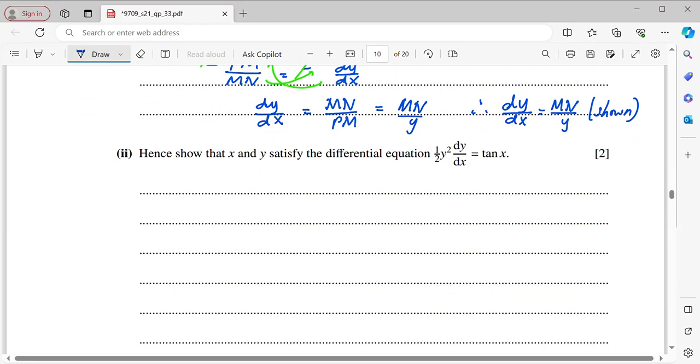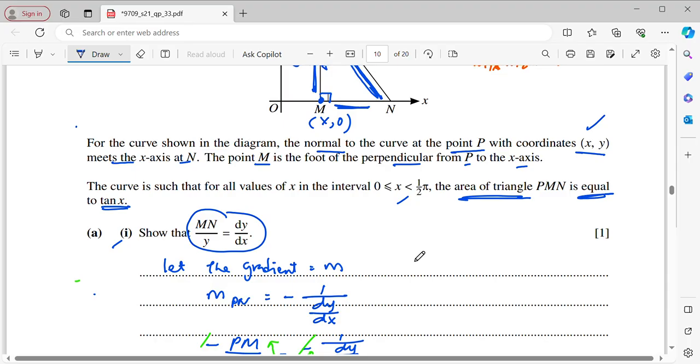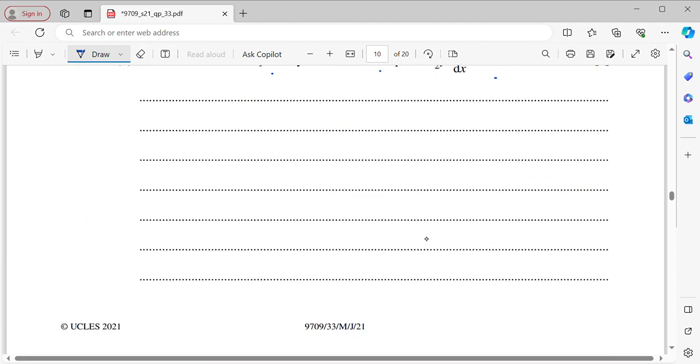Now hence show that x and y satisfy the differential equation. So this one can be solved using the hints. Area of triangle PMN is equal to tangent x.